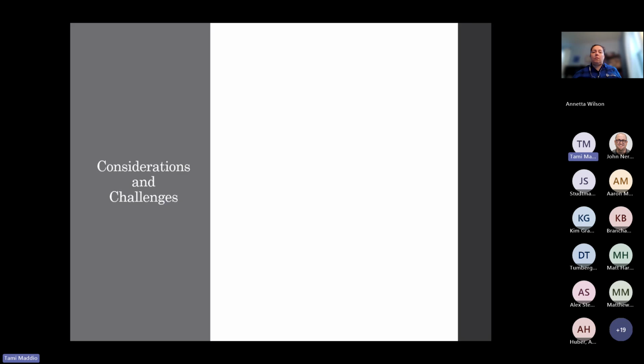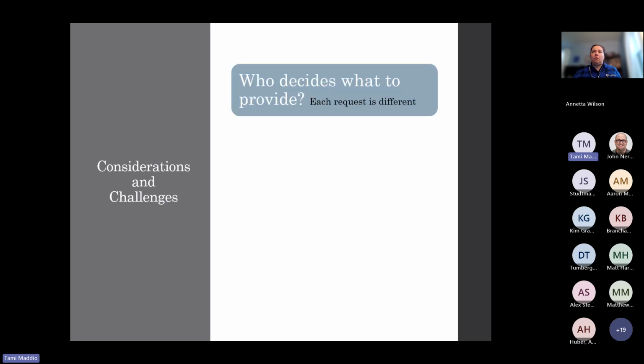So some of the considerations and challenges for us is it seems like every time a request comes in for data, it is a little bit different. And so we have to work with others and oftentimes upper management to decide what to provide or what we can provide or what we're comfortable providing. And that can take quite a bit of time sometimes when you're working with multiple people.